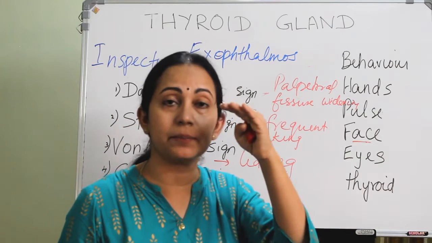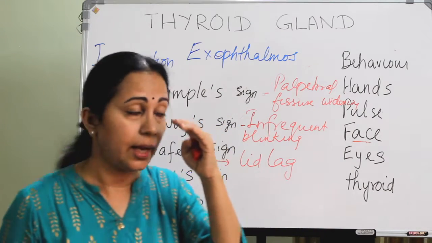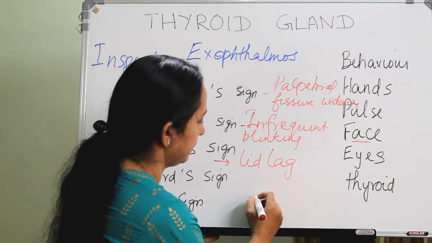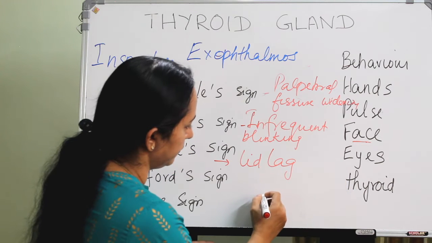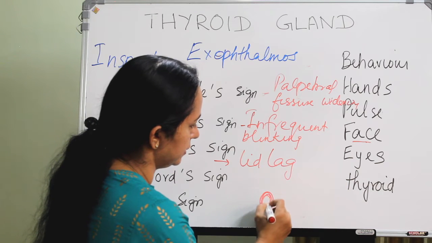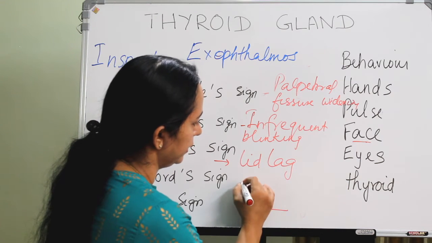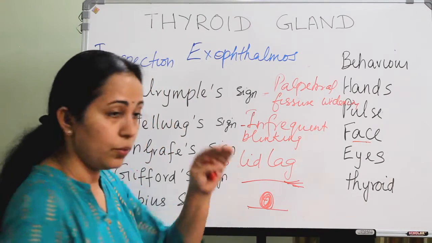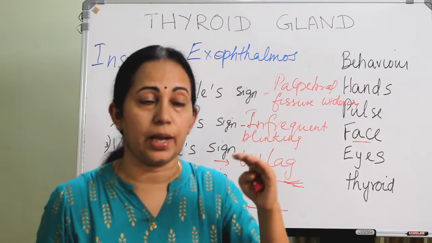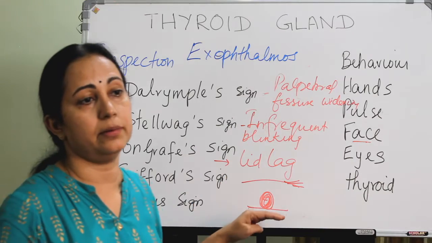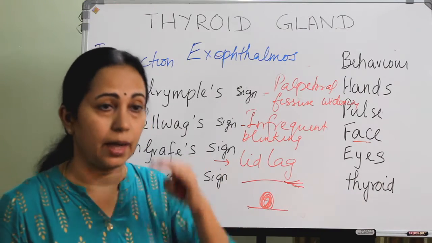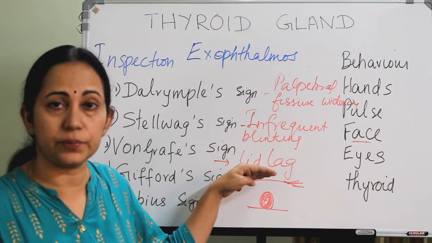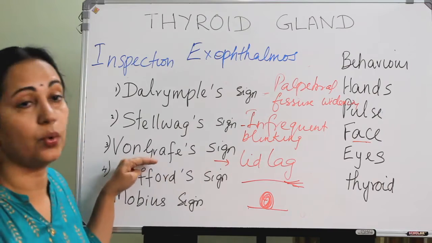There will be a lagging behind of the upper eyelid, and you can see that on looking downwards, the cornea and lower eyelid move, but the upper eyelid will not follow. It will not move in the same pace as the eyeball. So there will be lagging behind of the upper eyelid, and that is called von Graefe's sign.